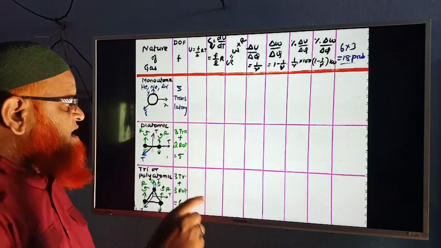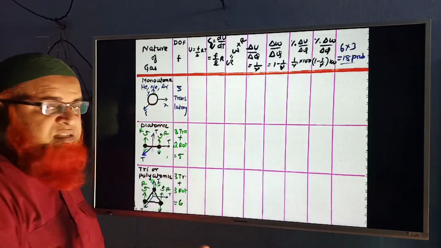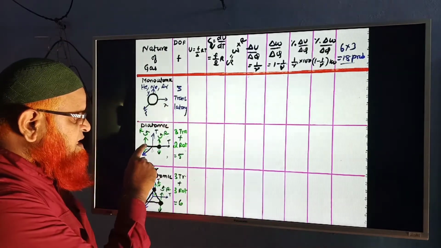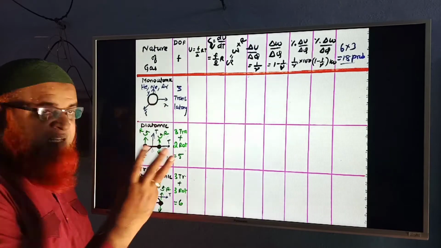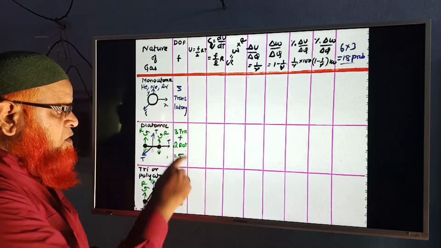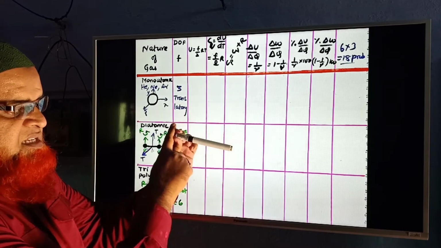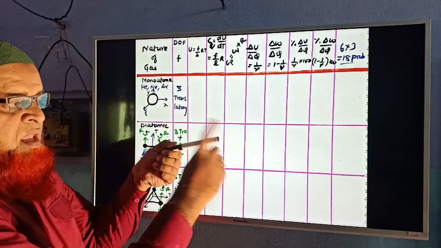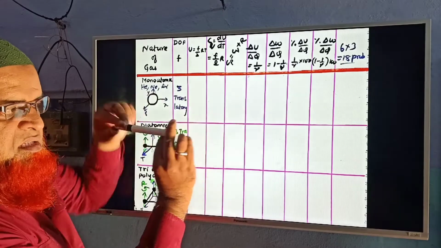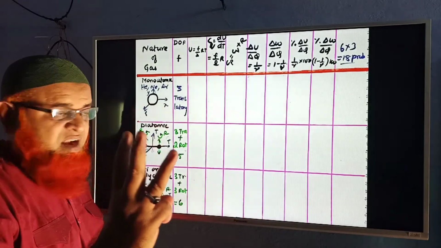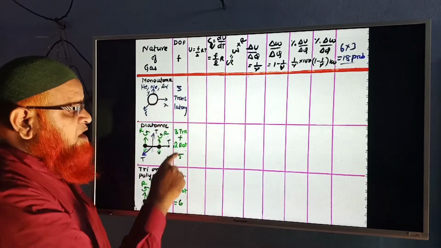A diatomic molecule has 3 translational kinetic energies and 2 rotational kinetic energies. Rotational kinetic energies means if this is a diatomic molecule, with this as an axis it will rotate like this, and with this as an axis it will rotate like this. So 2 rotational and 3 translational kinetic energies, so the degrees of freedom is 5 here.